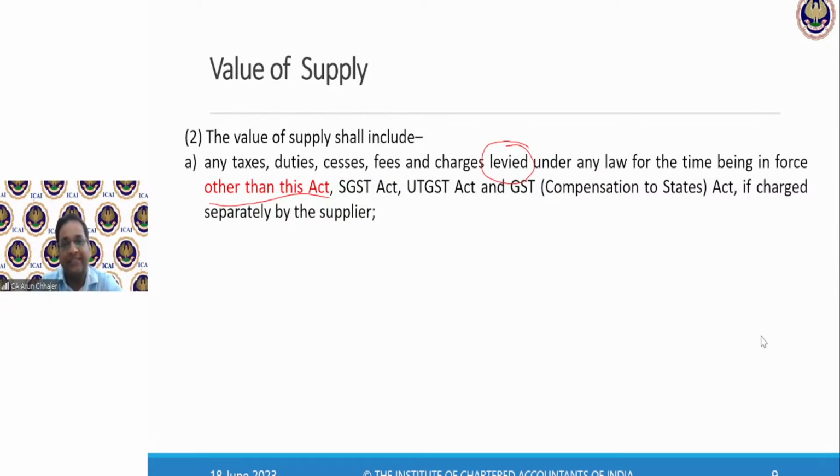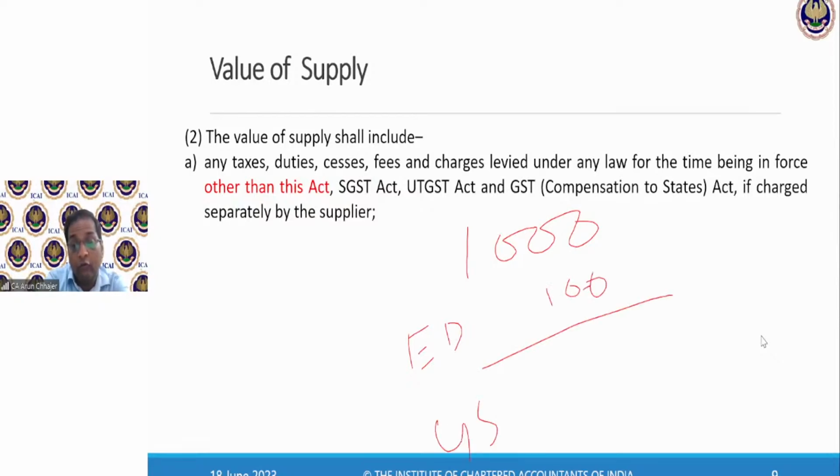The actual rates of the taxes and the value may be different. So Mr. A is making the supply of tobacco for 1,000 rupees, in which excise duty is being charged at 100 rupees. So GST would be charged on 1,000 including 100. Any taxes other than this Act will be added in the value, and on the total value, that is 1,100, GST would be charged.